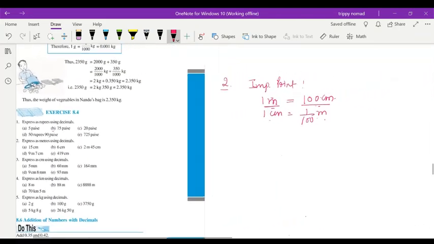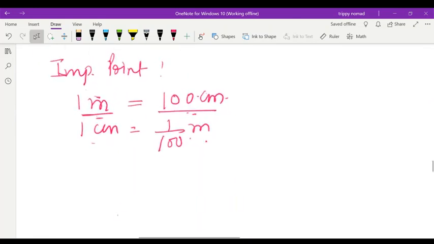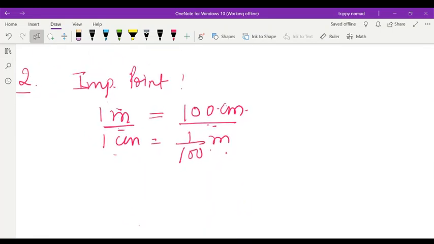15 centimeter. Question number 2, A part. Centimeter is given and meter is not given. So 1 centimeter is equal to 1 upon 100 meter.